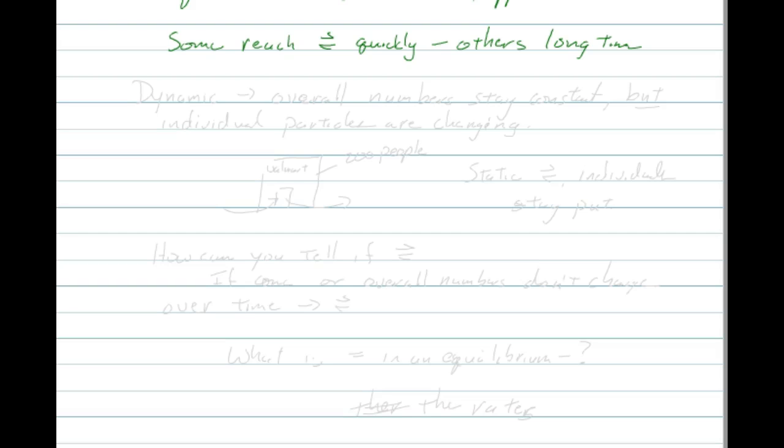In a dynamic equilibrium, the particles are always switching places. So you're constantly making new ammonia particles, but you're also constantly destroying ammonia and making nitrogen and hydrogen. So even though the relative levels, the numbers or the concentrations, are the same, the individual particles are constantly changing.